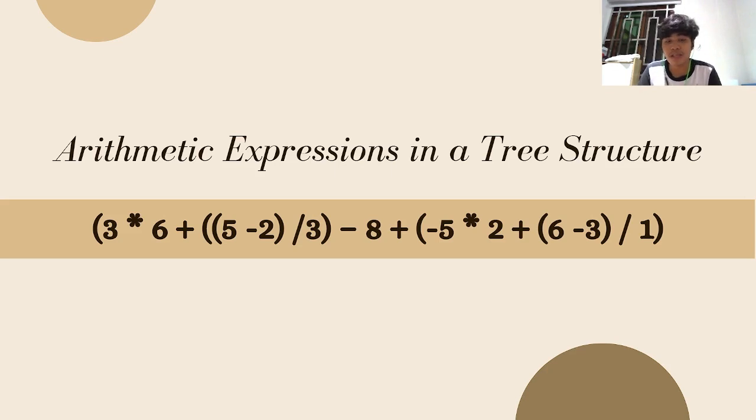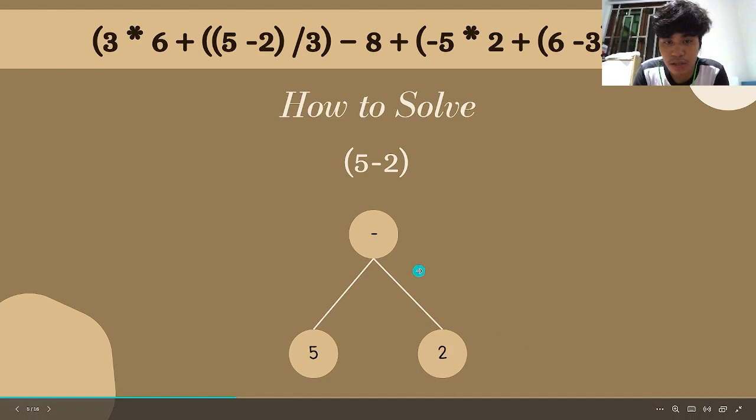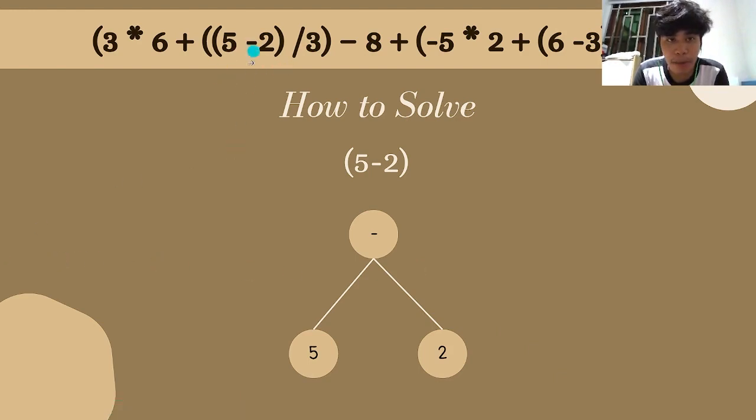So first, let us see what is the process. Here we have how to solve this kind of expression and convert it into a binary tree. First is the rule where the operators such as plus, minus, times, and divide are considered the parent node of the constants involved in an operation.